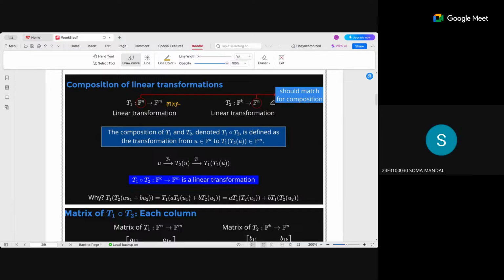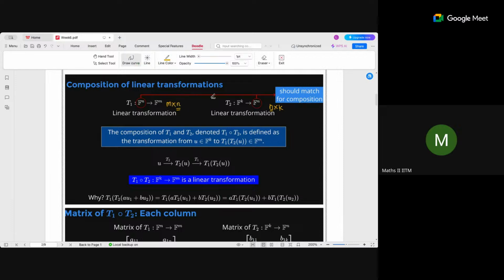N cross K. Yes. And we know that for matrix multiplication to be defined, we want these two numbers to be the same, right? So if we want to multiply this matrix with this matrix, then only when these two are the same can we multiply. This is the condition for matrix multiplication.